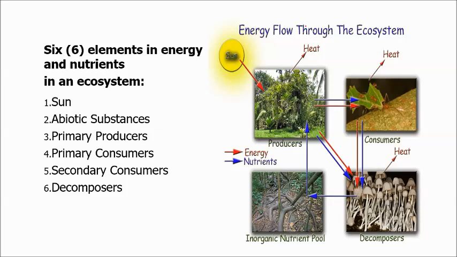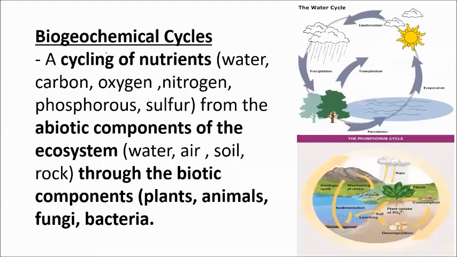There is energy flow through the ecosystem. Okay. Next, we have the biogeochemical cycles. Bio meaning life, geo meaning earth, chemicals, of course, those elements, those elemental which in the cycles of nutrients.